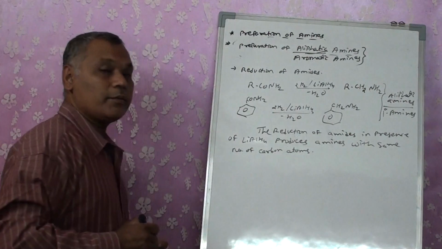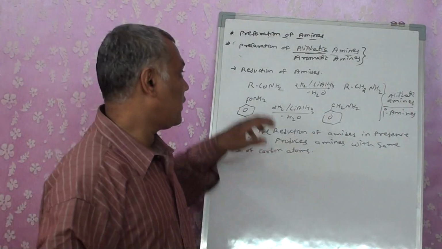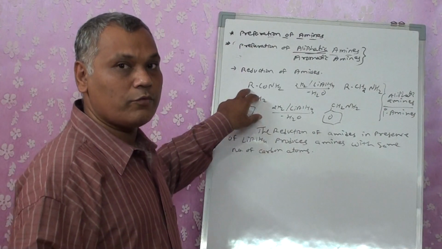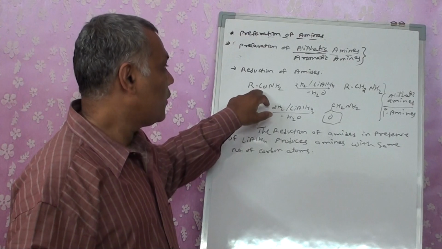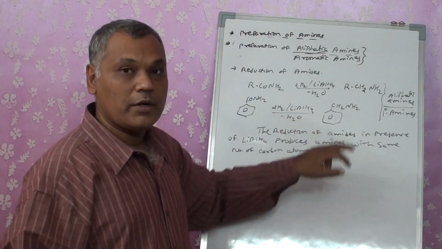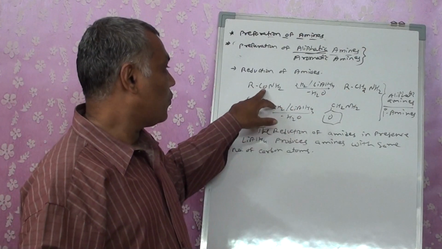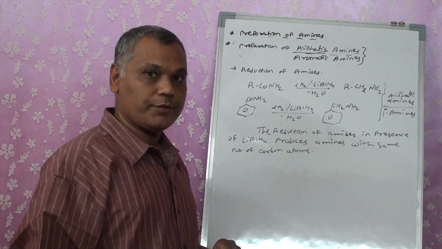The number of carbon atoms present in it is the same. Whatever the number of carbons in the R chain, plus one, the same number of carbon atoms you are going to get, right? So only oxygen is removed from here.